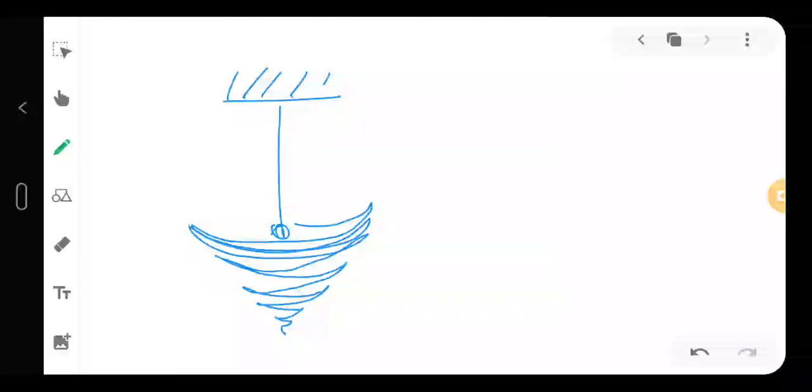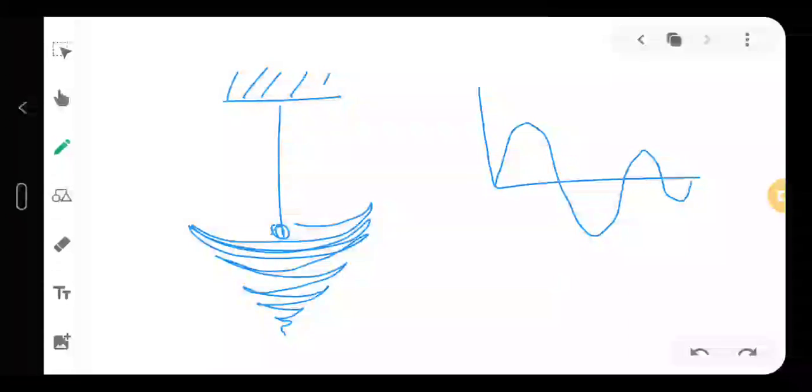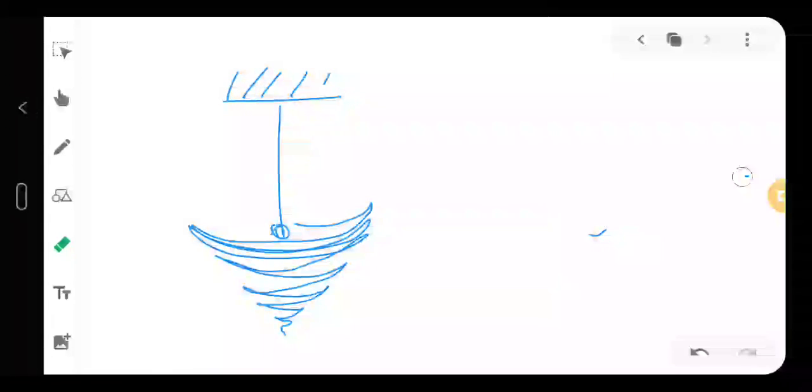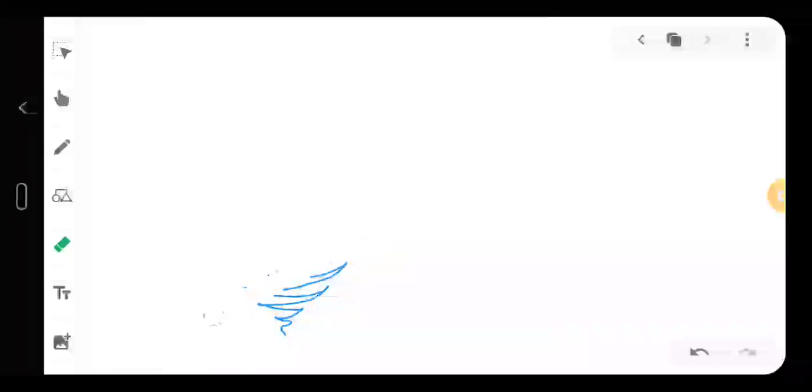So that means the displacement which I have drawn before like this will not be like this but something like this. The displacement will decrease gradually. This type of oscillation is called damped oscillation.